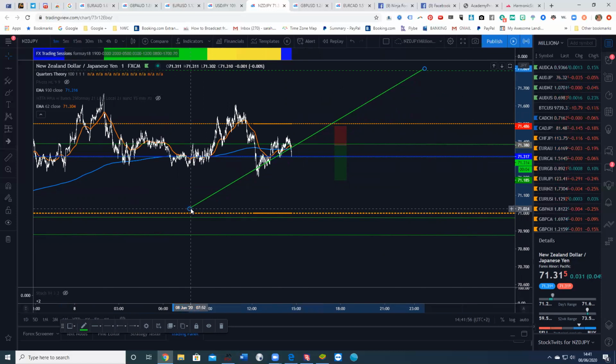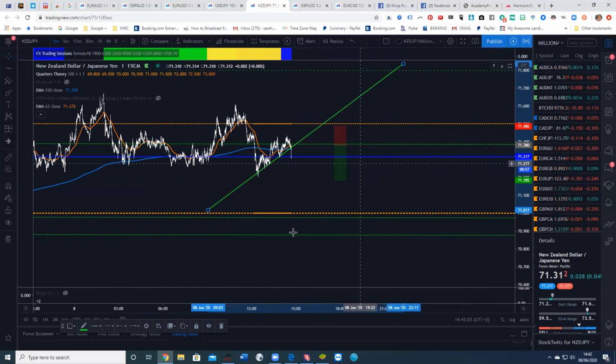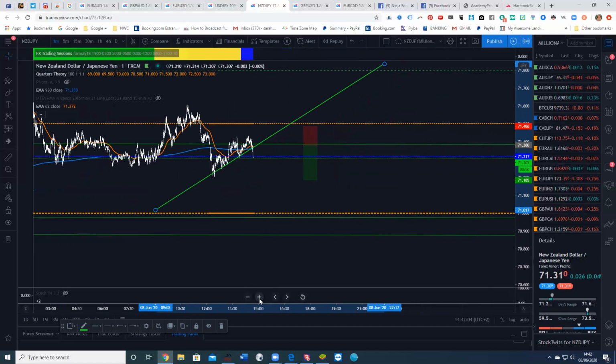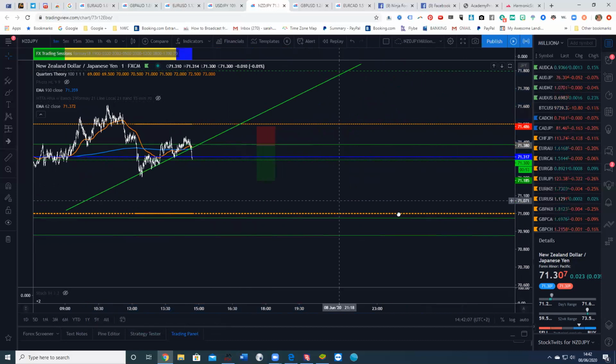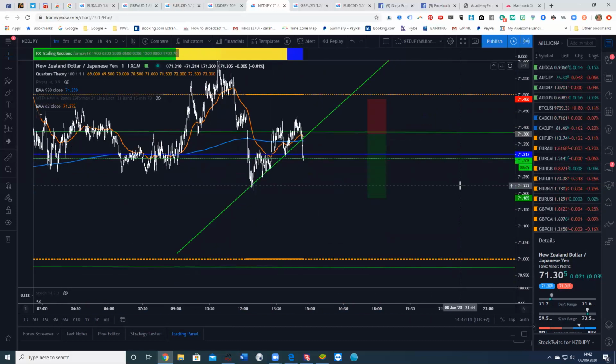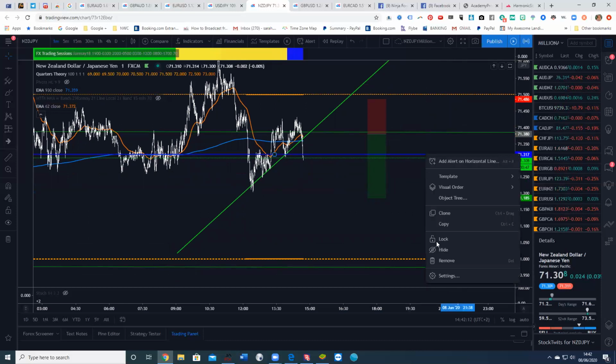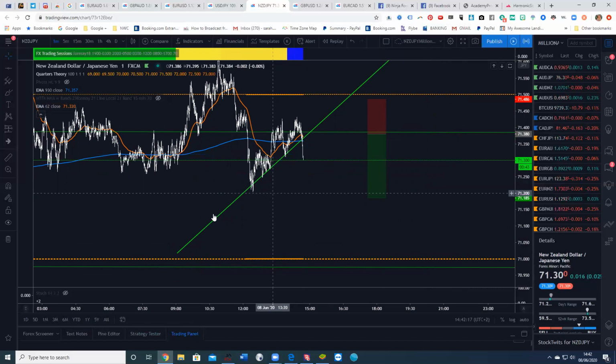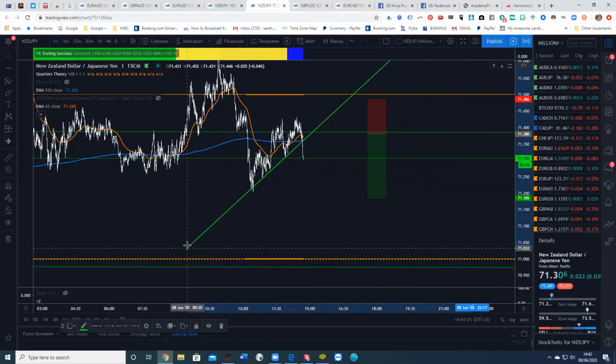There. Let me just magnify that for you, if you're looking at this for a trade. Remove that for a minute, so that you can see.